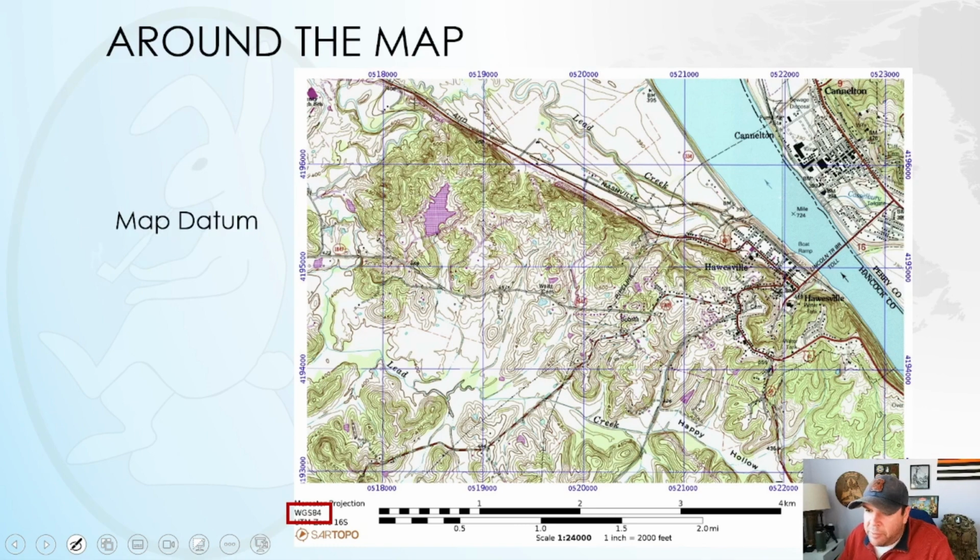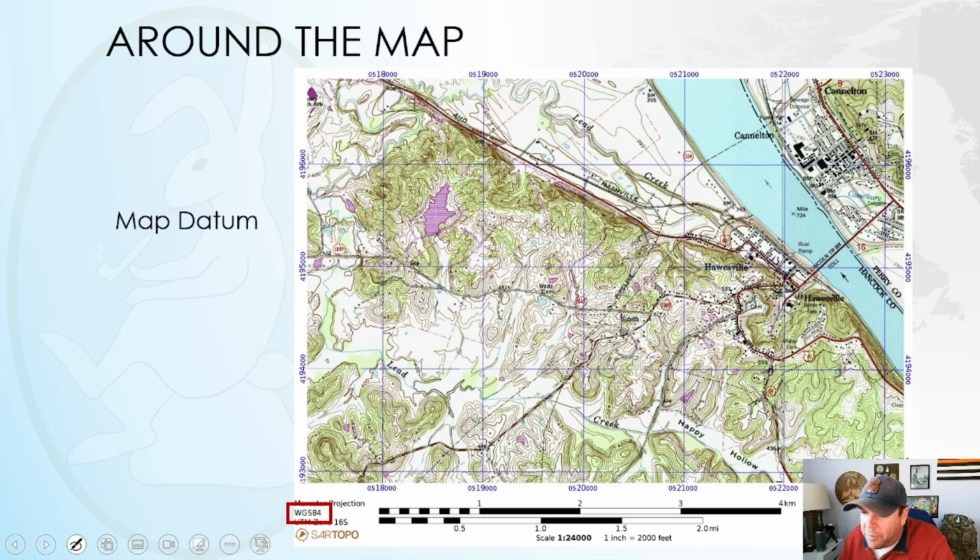So those older maps are going to utilize a different datum, typically the NAD 27. And these are still widely used in search and rescue. On teams that I've been on, the topographic maps that we kept in the vehicles use a different datum than what is considered standard today, and that's important for us. That way, whenever we talk coordinates, we're all talking in the same language.